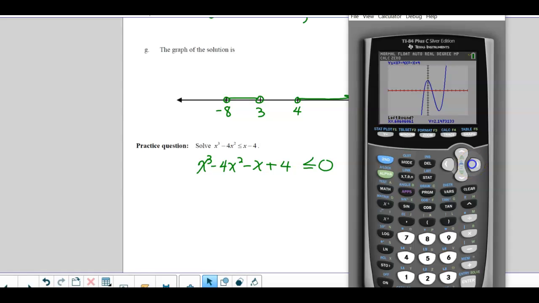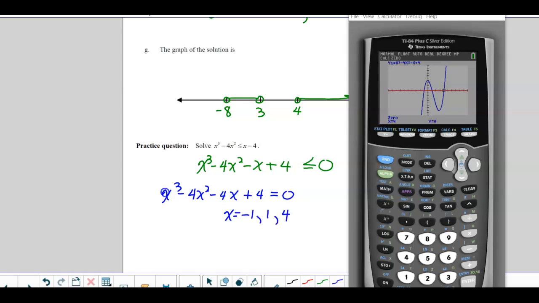So you want a cursor to the left of where you think there's an x-intercept, and then to the right. Okay, so -1, +1, and 4. So if we were solving the corresponding equation, x would be -1, +1, and 4.